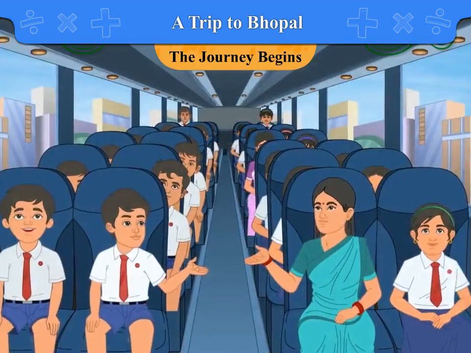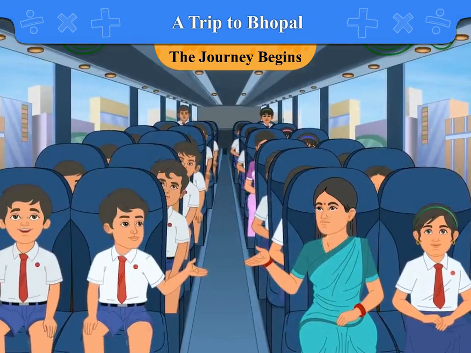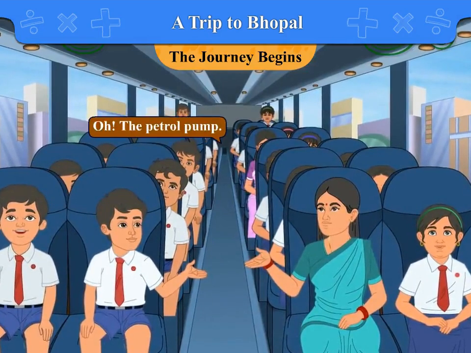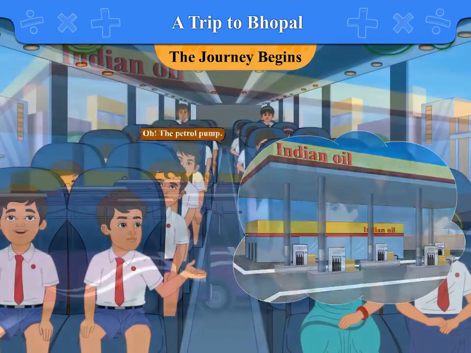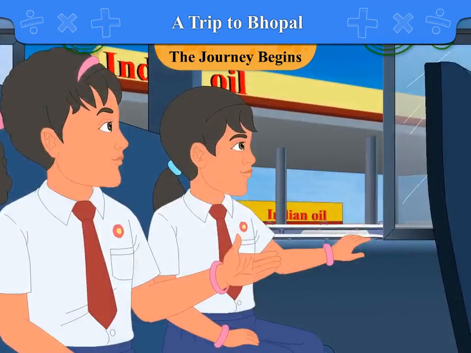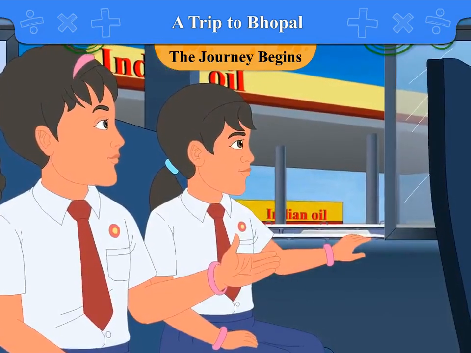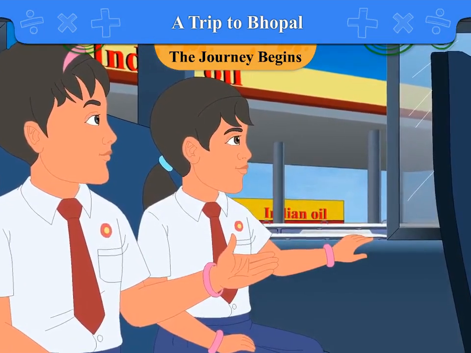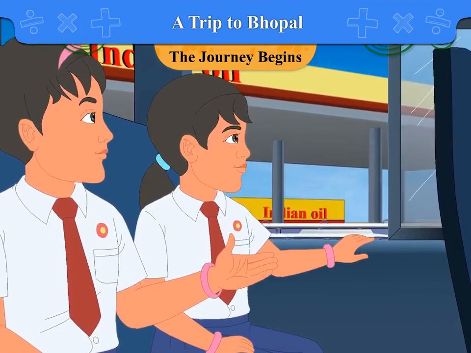The children discuss the river for some time. Suddenly, the bus stops with a jerk. Oh, the petrol pump. 2 buses need to be refilled. The buses stand in a line. Children are sticking their necks out to see how diesel is filled in the bus. Some children have got down to look more closely.